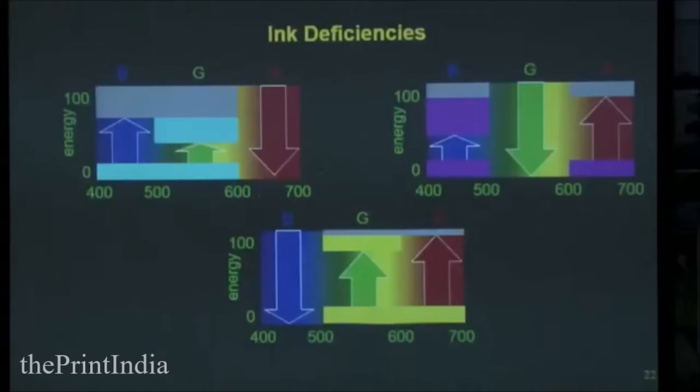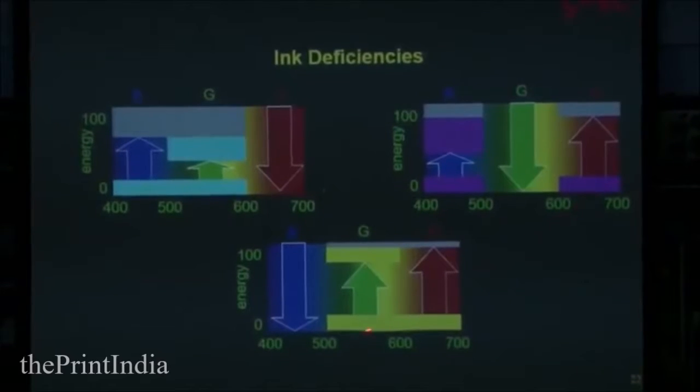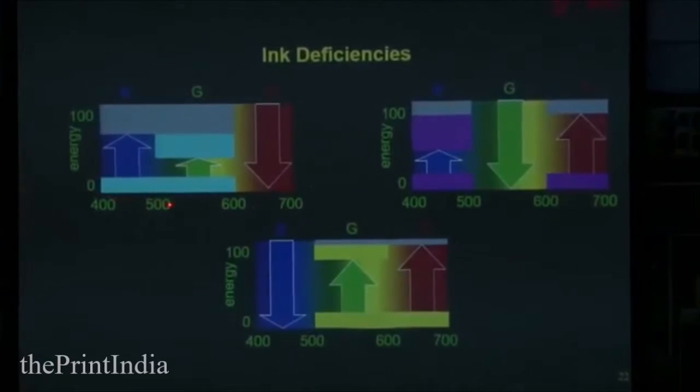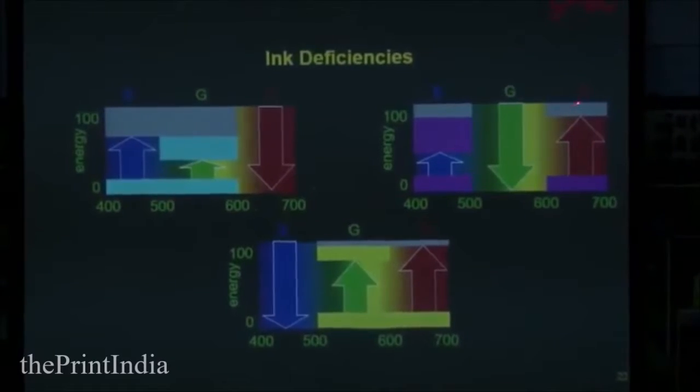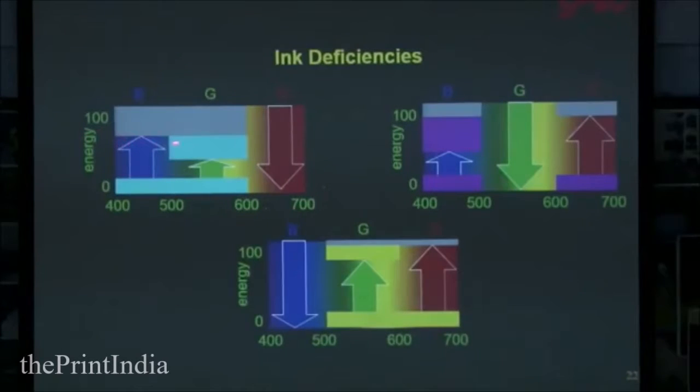When you combine the three inks, what you find is, because of these two, there is more reflection of red light than green and blue. So you can see the red light reflection is highest. The blue is only up to here. The green is only up to here. But the red is the highest.